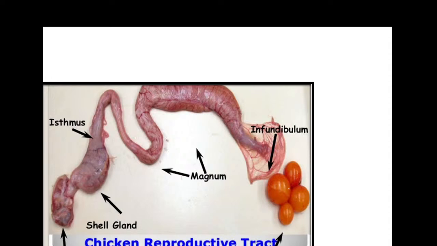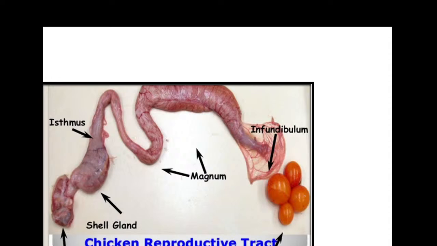The yolk loading will be complete. Yolk will be fully loaded in the egg. Inside it there will be the blastodisc, or the nucleus. At this location there will be a nucleus and yolk.